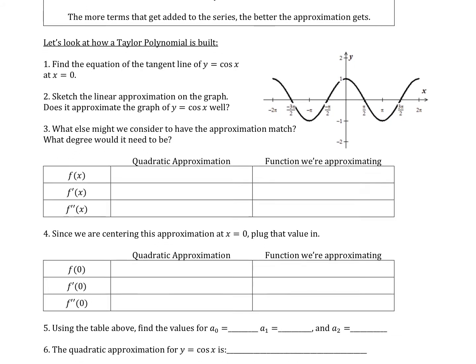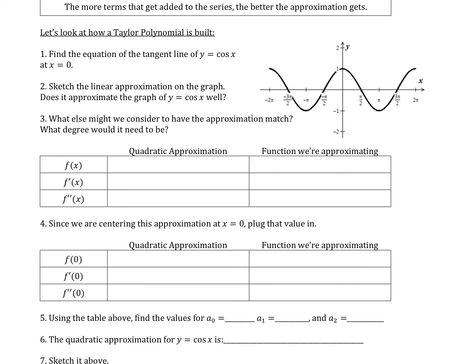Okay, so we have this graph that is y equals the cosine of x. And I want you to find an equation for the tangent line of y equals cosine of x at x equals 0. So we're trying to find a tangent line, which means we need a derivative. And I need the slope, which comes from the derivative.